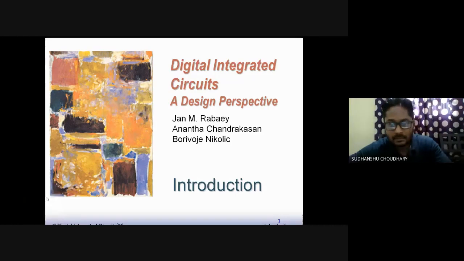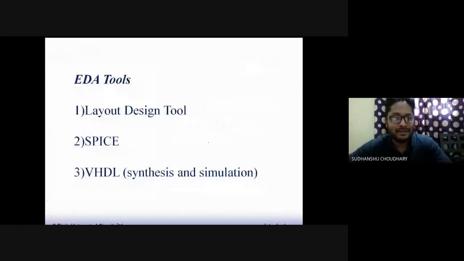Now, apart from gathering the subject knowledge, we will also focus ourselves on designing these ICs using some electronic design and automation tools, right? So these are called EDA tools, that is electronic design and automation tools, and they have their importance.